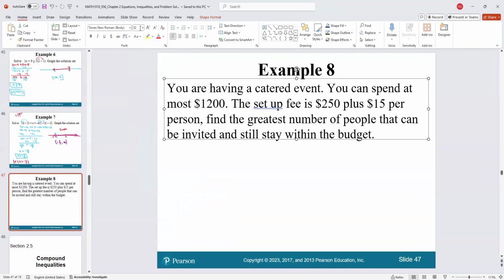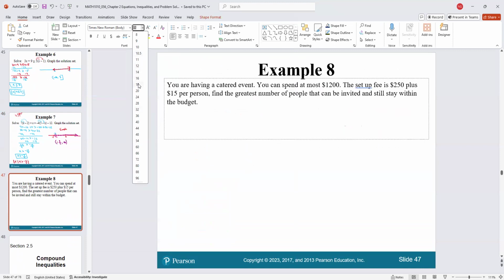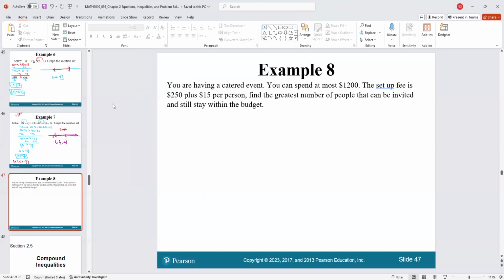Let's do number 20. You are having a catered event. You can spend at most $1,200. The setup fee is $250 plus $15 per person.